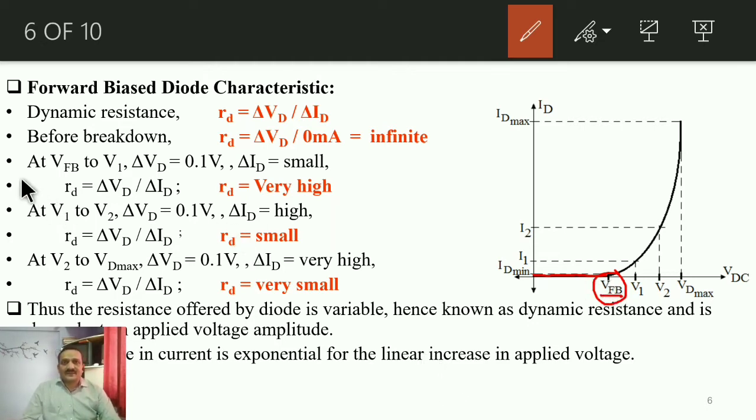First, whenever the applied voltage is equal to VFB, a very small amount of current will start to flow, and that's why I mention it as ID min, the minimum diode current, which occurs at VFB. Whenever we increase that voltage with a constant step size, you will observe the increase in current is exponential in nature.